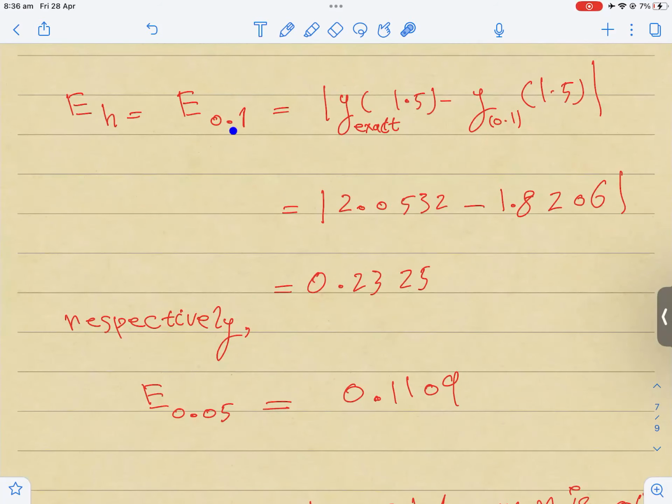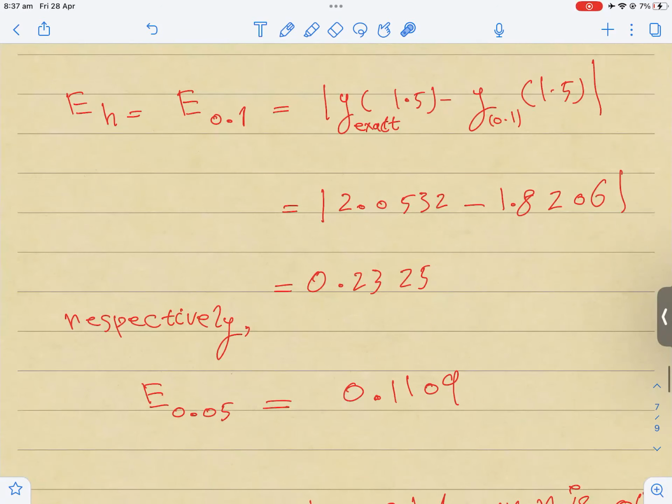Now, let's make the step size twice finer, twice smaller. So instead of 1/10, I use 1/500. So y exact minus y Euler with h equal 1/500 at this point, 1.5, will be something.